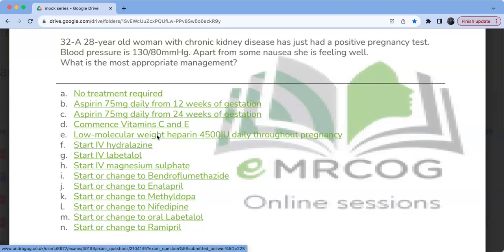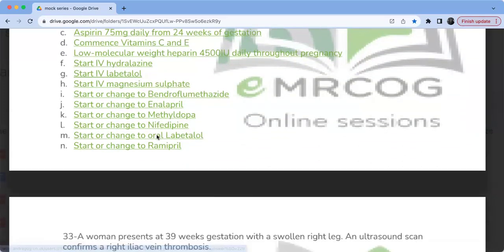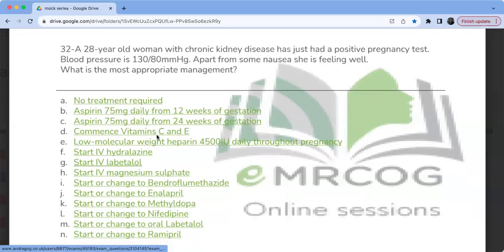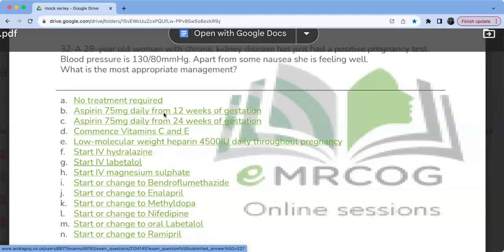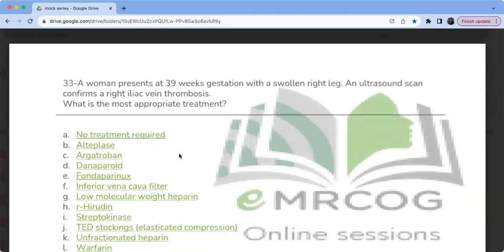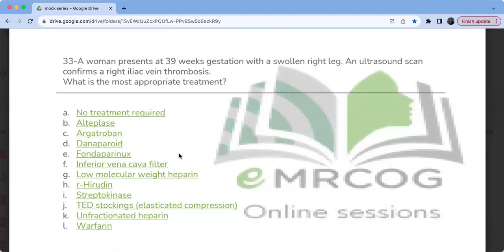Still, it is the most correct one. So she should receive aspirin. Till what time? From 12 weeks till delivery. Yes, well done. It should be everybody now, my dear, 150, but the old dose is 75 and is still found in the questions.